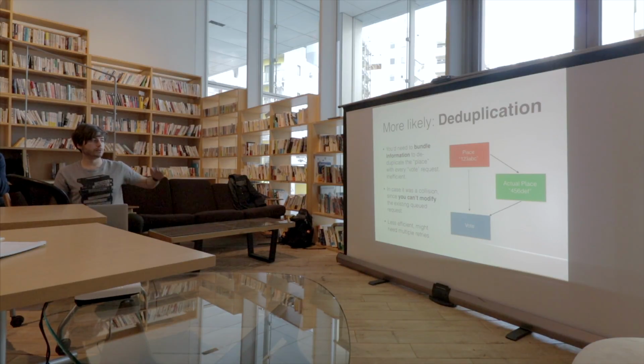In order to deduplicate that, you need to bundle enough information about the first object's request with that other subsequent request in order for it to sufficiently deduplicate it. Because if, for example, that's already been created, then you need to handle that correctly.